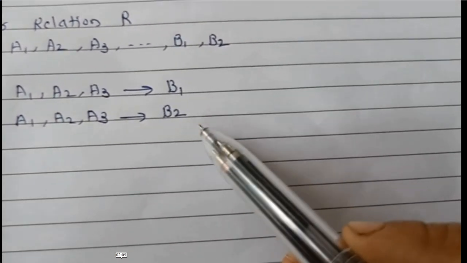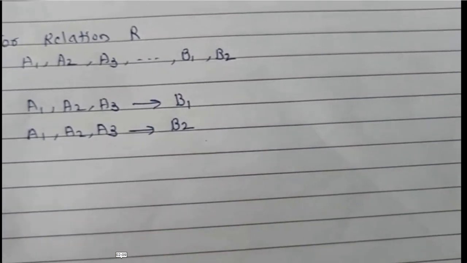It can also determine the attribute B2. So this is the notion of a key. Here, the set of attributes A1, A2, A3 would be called a super key, and this super key will be determining the other attributes of the relation R.